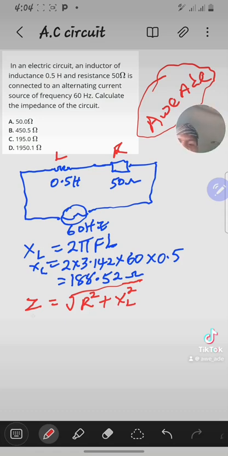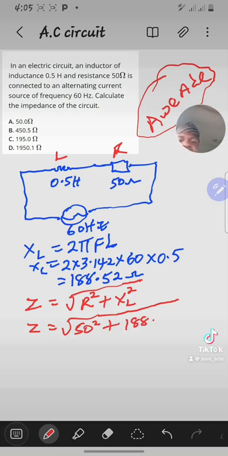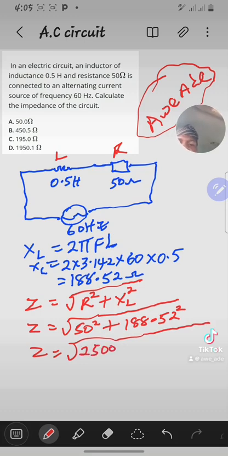If we substitute correctly, our impedance will now be root 50 squared plus 188.52 squared. Our impedance will now be equal to the square root of 50 squared, that's 2,500, plus 188.52 raised to power 2.